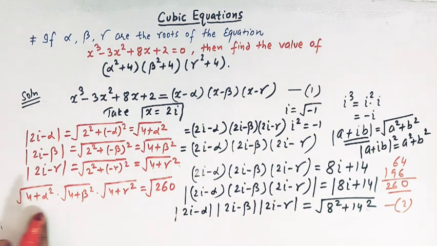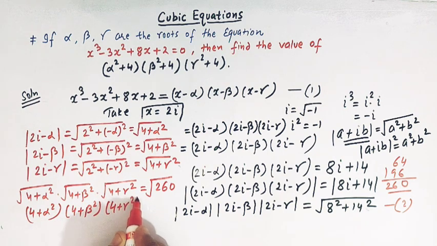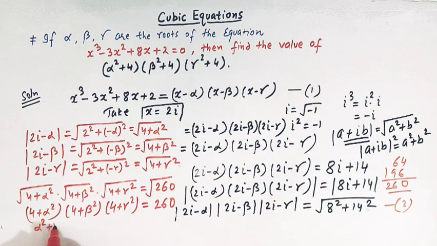Now if we take the square of both sides, we'll get (4 plus alpha square)(4 plus beta square)(4 plus gamma square) is equal to 260. So we can write this expression as (alpha square plus 4)(beta square plus 4)(gamma square plus 4) is equal to 260.